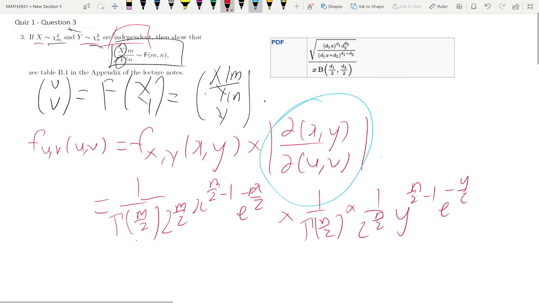And you have this blue blob over here that I haven't figured out yet.